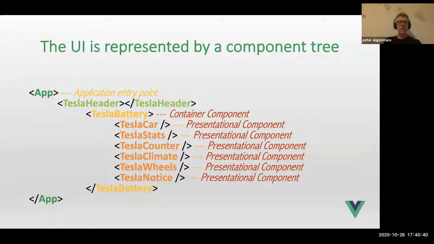In the HTML, there's the same structure: an app component, a Tesla header component, and a Tesla battery component, which is the container component. Container components always contain the logic, and the Tesla car component is a presentational component, a dumb component. It shows only an image of the wheels which are turning.